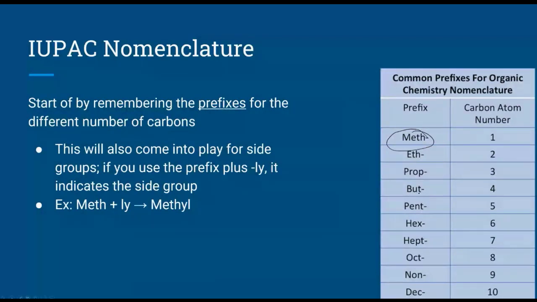And they're also good when you're going to be talking about side chains later. Because if I tell you what an ethyl chain is, you should know from your head that that means a 2-carbon side group right there. Right? So we know that because the eth indicates there's 2 atoms. So it's useful for naming, and later it's useful for side groups.